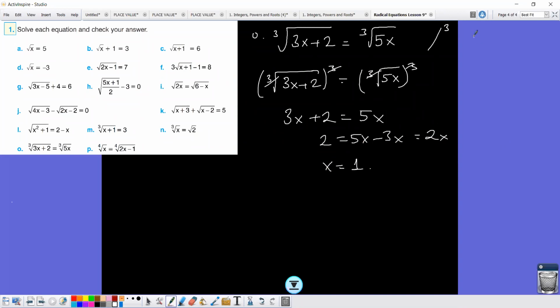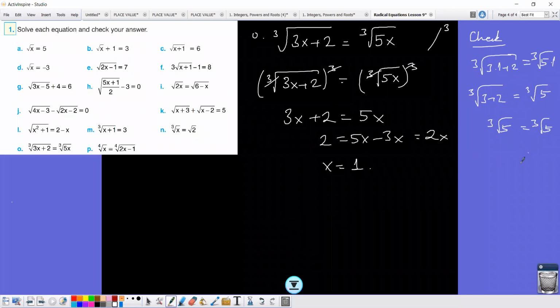And when we check, what we have, cube root of 3 times 1 plus 2 is equal to cube root of 5 times 1. So we have cube root of 3 plus 2 is equal to cube root of 5, which is cube root of 5 is equal to cube root of 5. Okay?